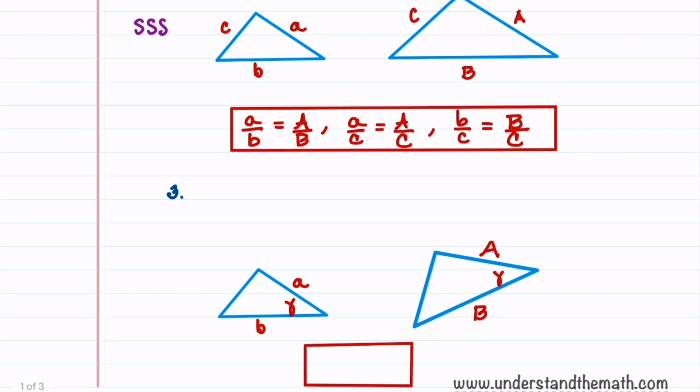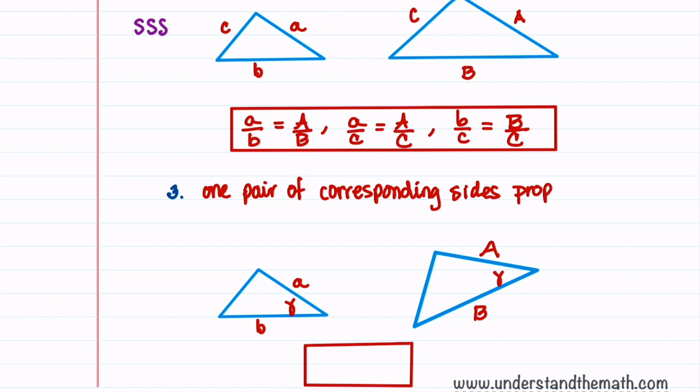Now let's talk about the third way that two triangles can be similar. The third way is when we have one pair of corresponding sides proportional and the angles between them equal.